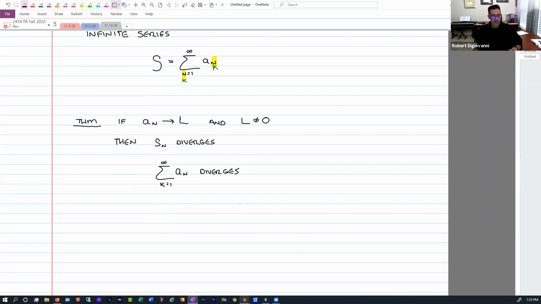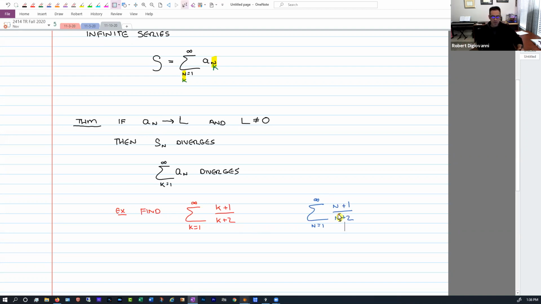I shall give you an example. Okay, let's do an example. Find the sum k equals 1 to infinity of (k plus 1) over (k plus 2). Now, just so you know, I could have written this problem using n instead of k, and it would be the same exact question.